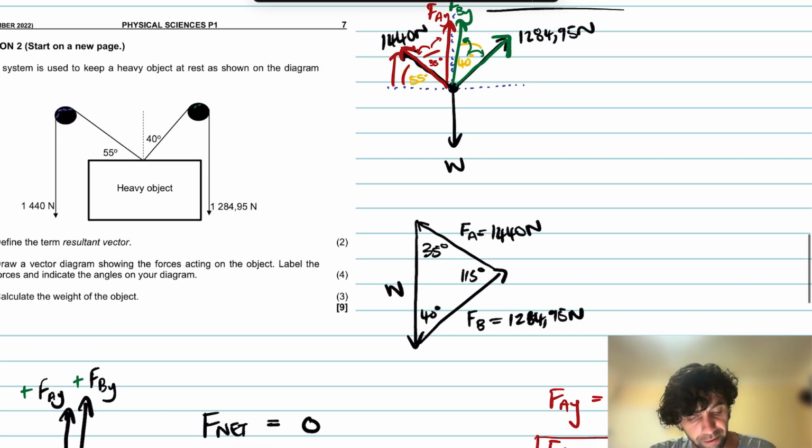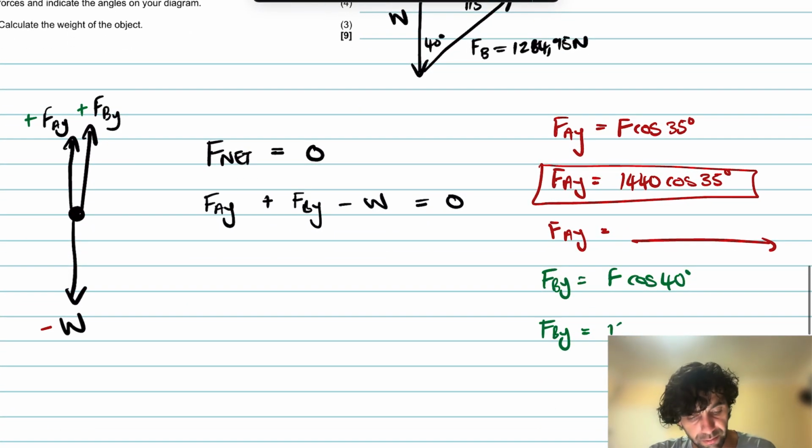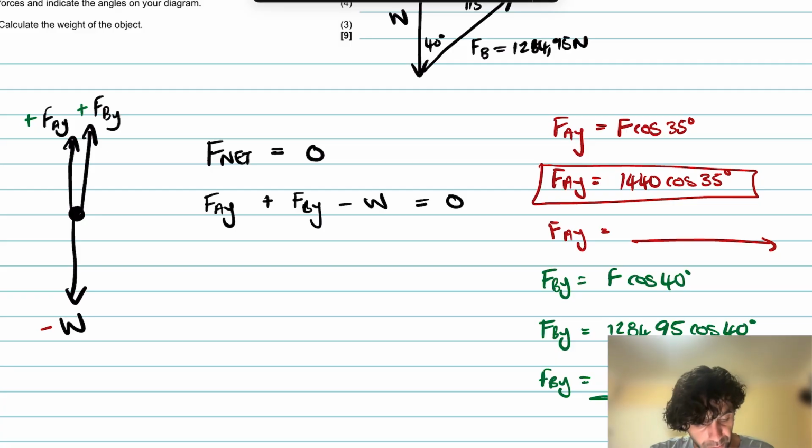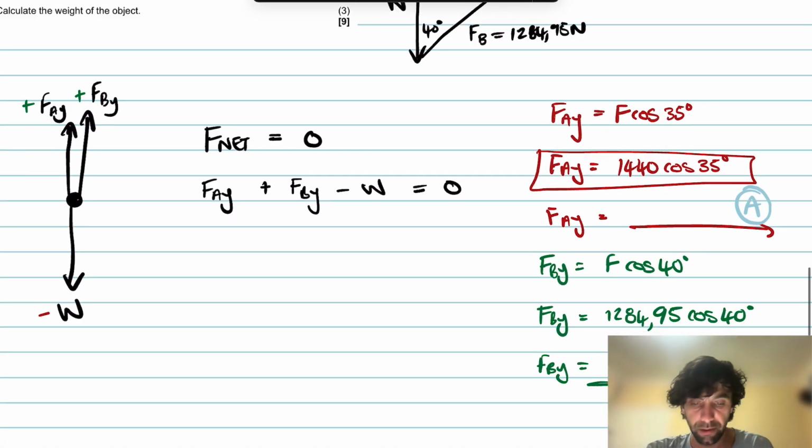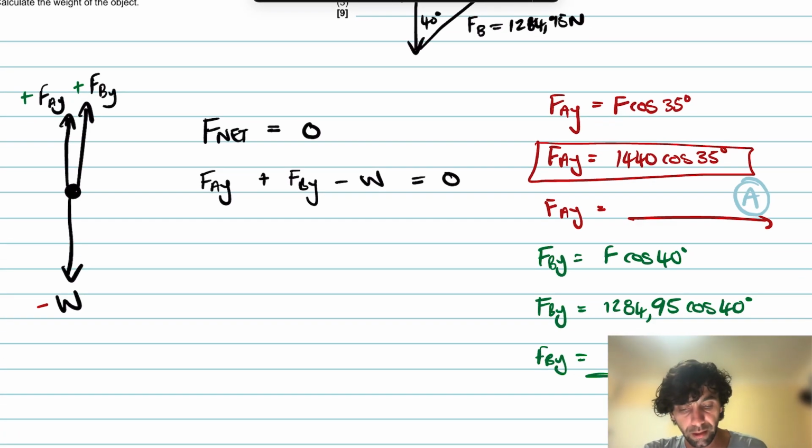And therefore my FBY is equal to 1284,95 cos 40 degrees. Again, if you wanted to, you could go and calculate that. Just remember to save it in your calculator so you have the full value. So we would save this one in A, we would save this one in B if you go and calculate that. But I'm going to show you a method where we can simply plug these values in here.